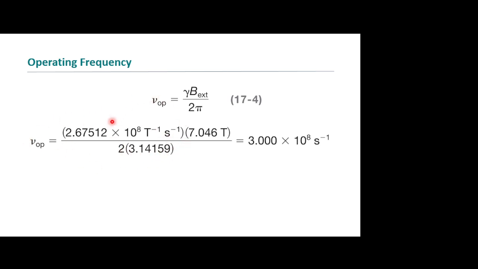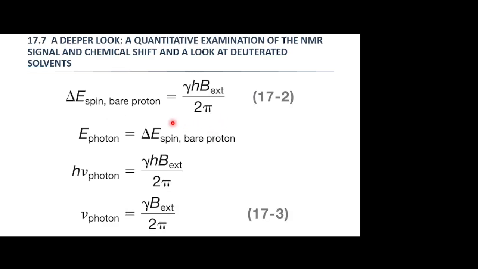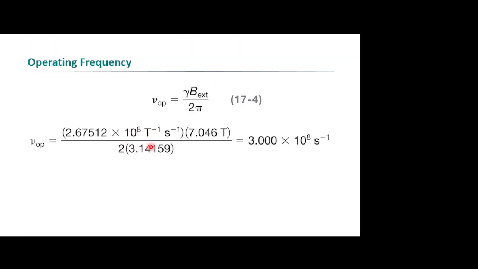Notice I've gone ahead and substituted in the gyromagnetic constant right there and the Tesla of a typical instrument. And then these values are just constants right here, right? Okay. So again, that gyromagnetic is going to be a constant. The operating frequency is always going to be directly proportional to the external magnetic field.